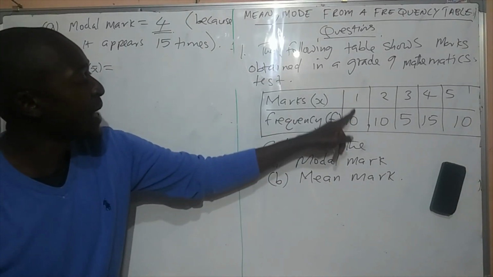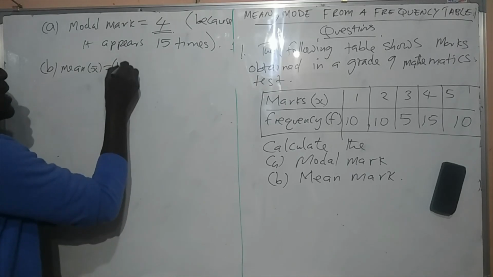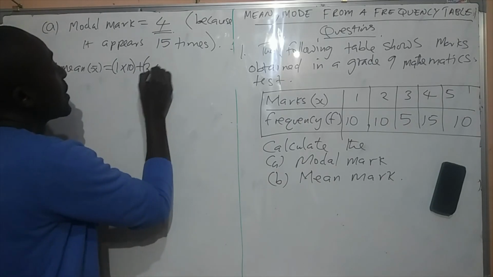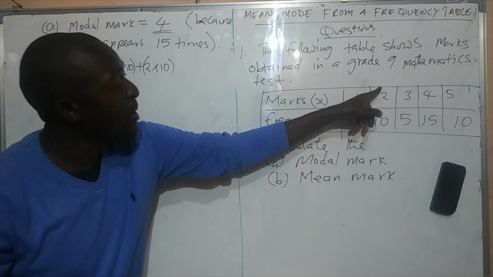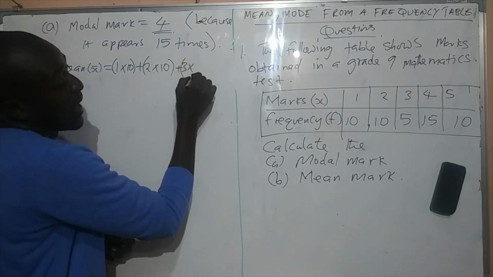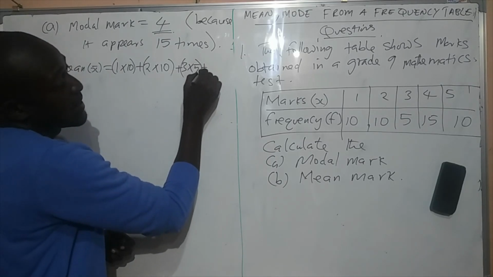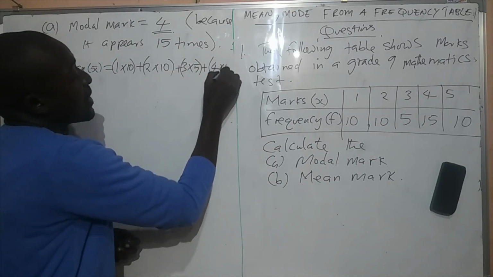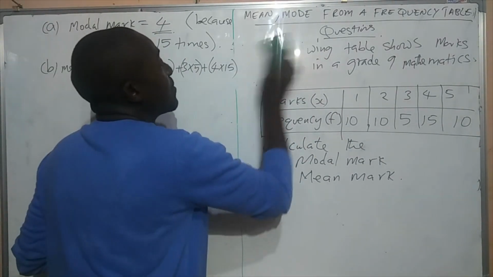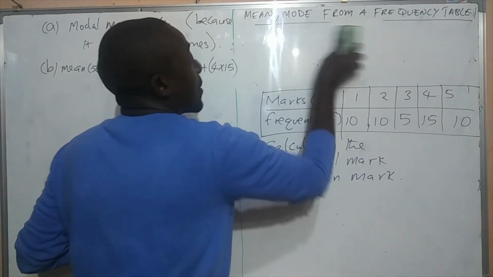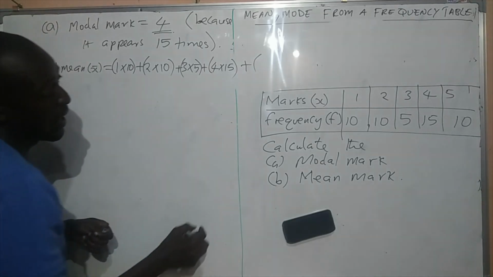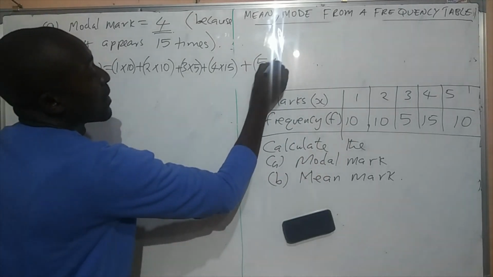You multiply 1 times 10, plus 2 times 10, so you multiply the number on top by the number below, plus 3 times 5, plus 4 times 15, plus 5 times 10.